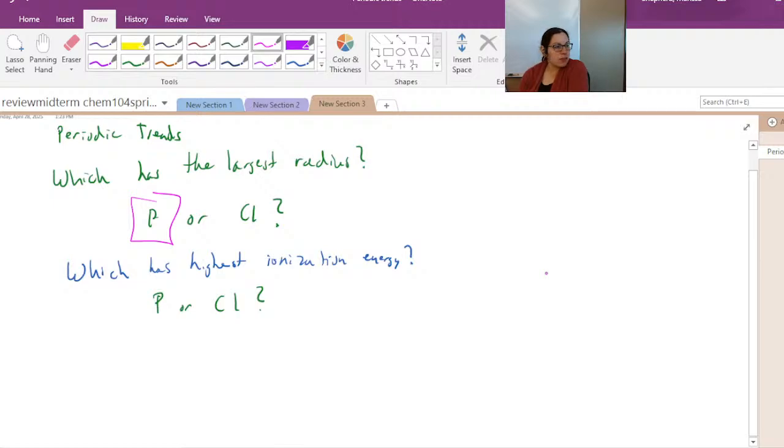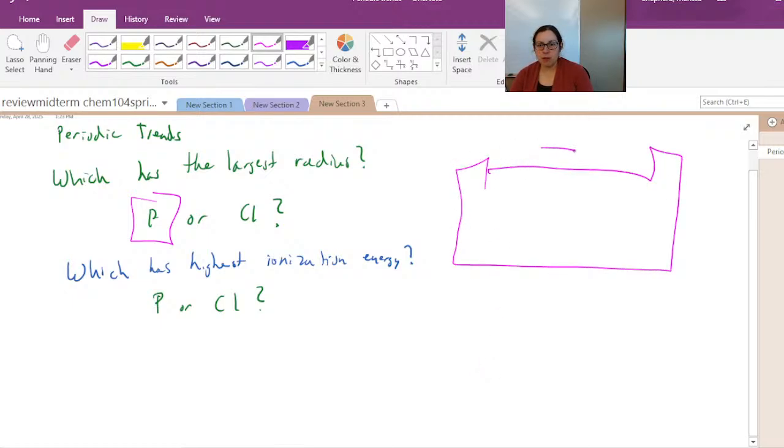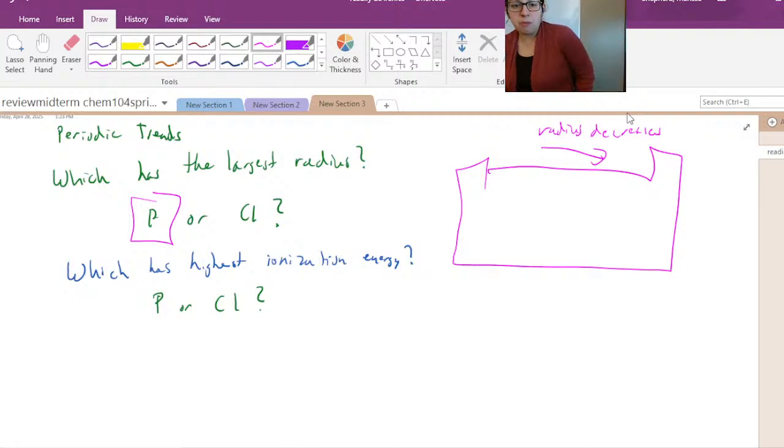So what's the trend of the radius? Let me pull up. Exactly. So we go across, our radius decreases. So go back, remind yourself why.